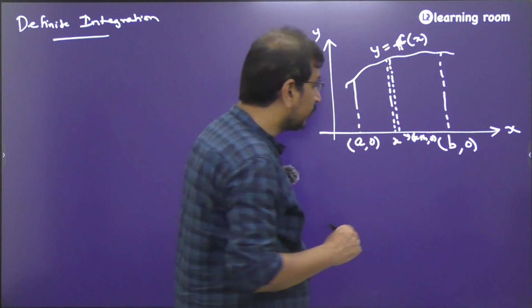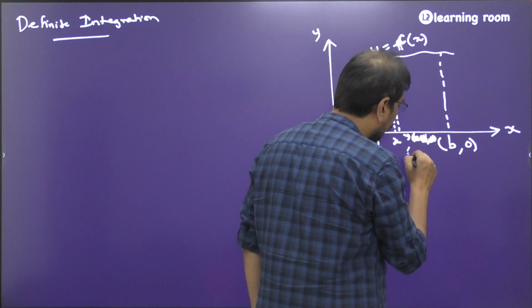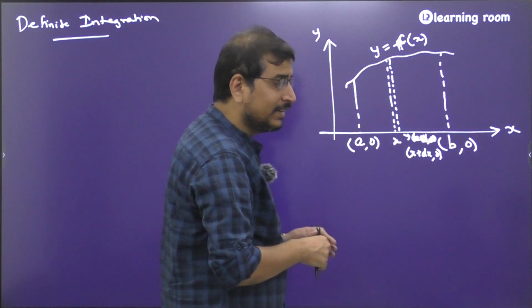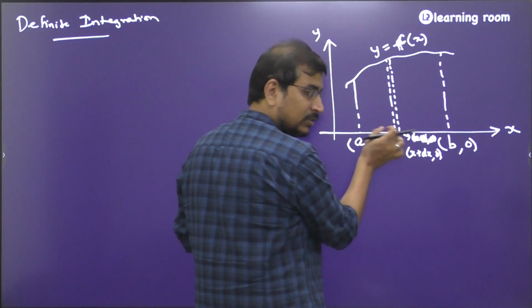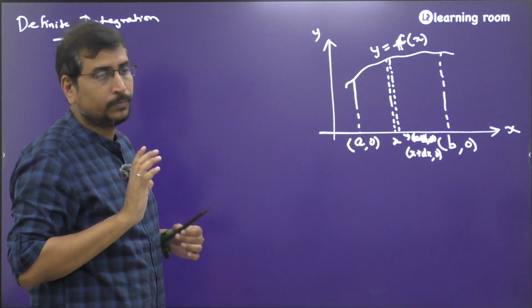To be more specific, I'll take it as x plus dx comma 0, where dx is this distance, which is a very small value.